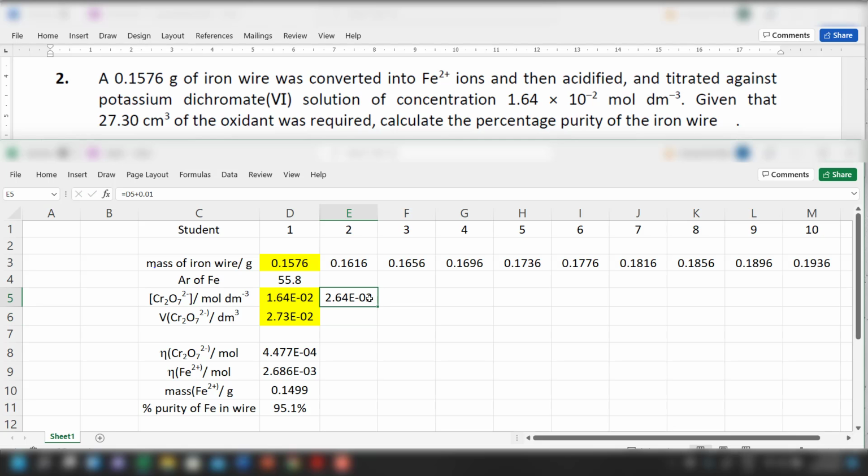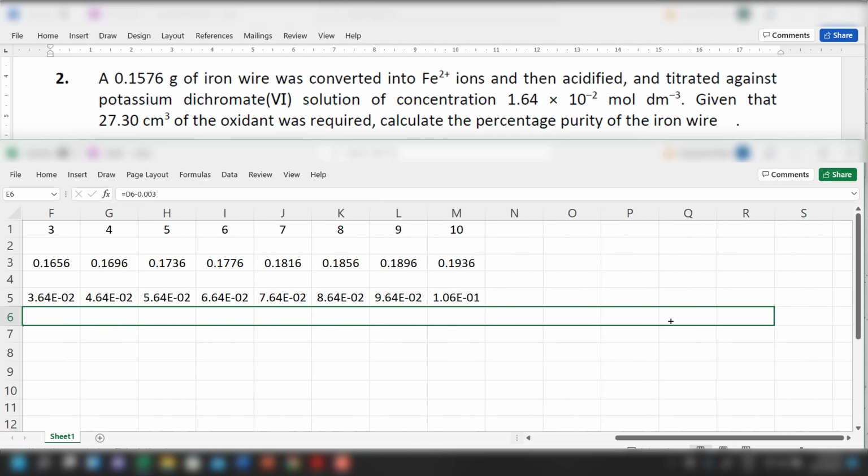Then I can just drag it across. Different concentration. And then for the titre volume, I can choose to take on a lower number. So let's say minus 0.03, for example. Oops, that's too low, my apologies. Minus 0.003. That's just a random example. I drag it across over here.